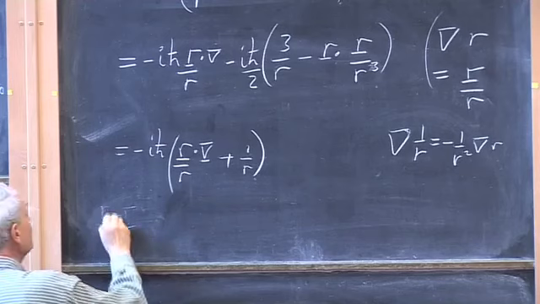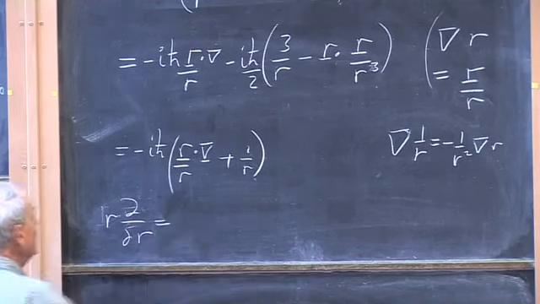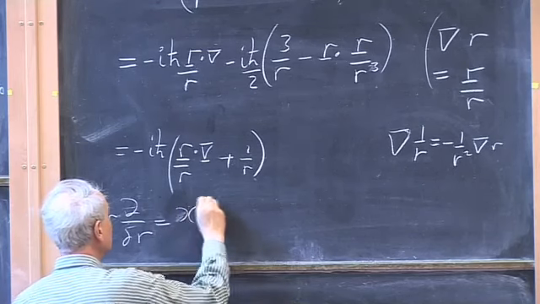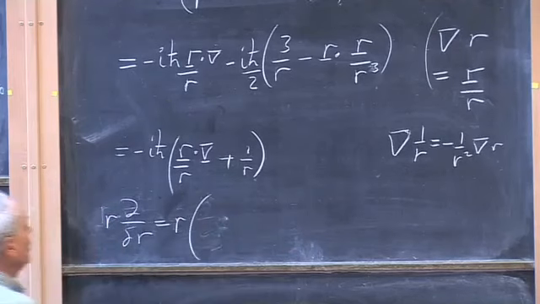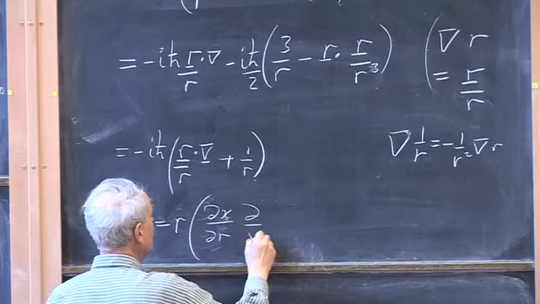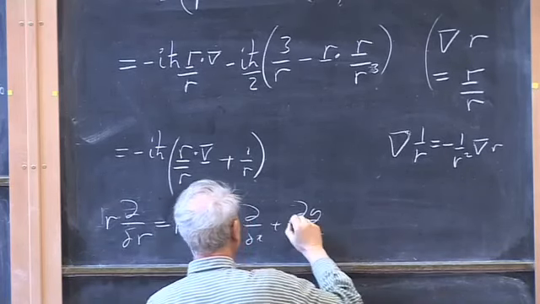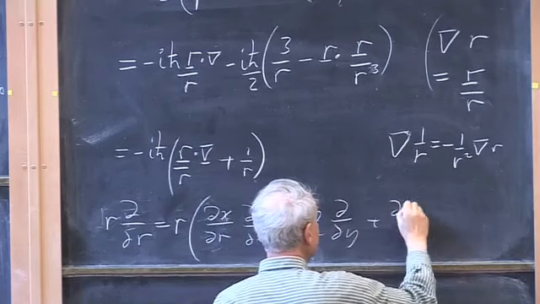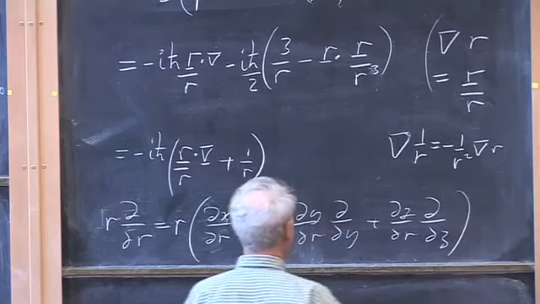Well, the thing to do is just to write down r d by dr. R, then we're going to have, by the chain rule, dx by dr d by dx, plus dy by dr d by dy, plus dz by dr d by dz. That's just the chain rule.